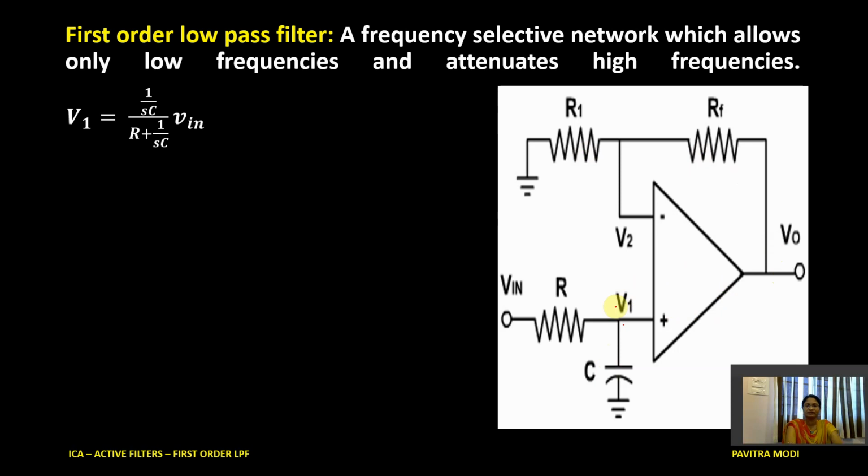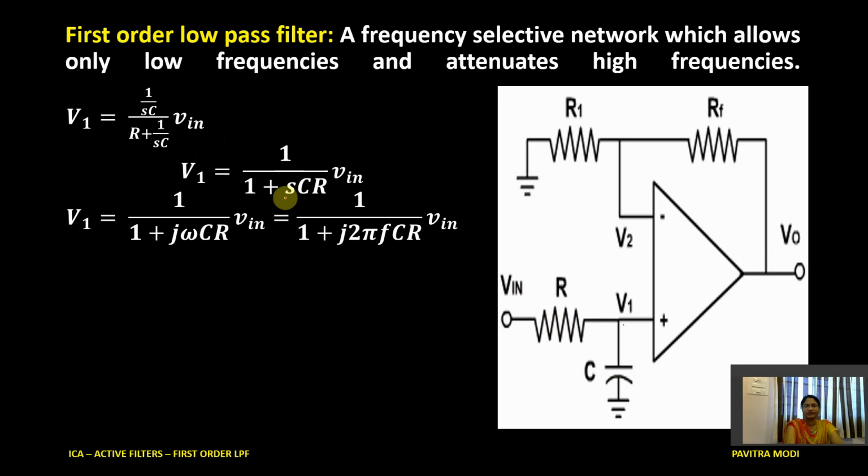First we will derive V1, and for simplicity, let me consider Laplace transforms. The impedance of the capacitor C is 1 by SC. Therefore V1 is Vin into the potential divider arrangement, (1 by SC) divided by (R plus 1 by SC). Simplifying, V1 is 1 by (1 plus SCR) into Vin.